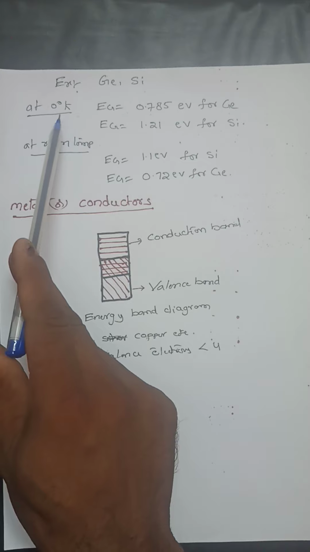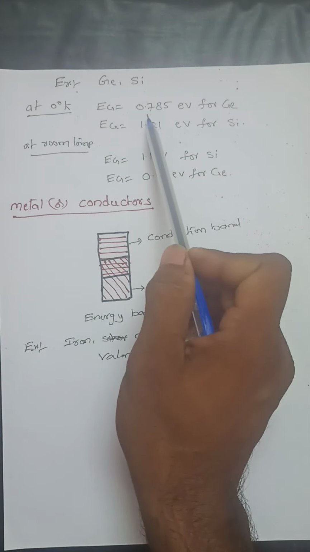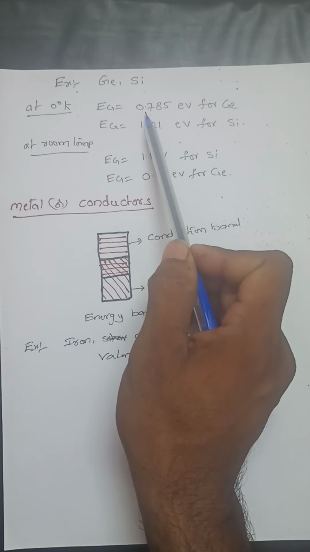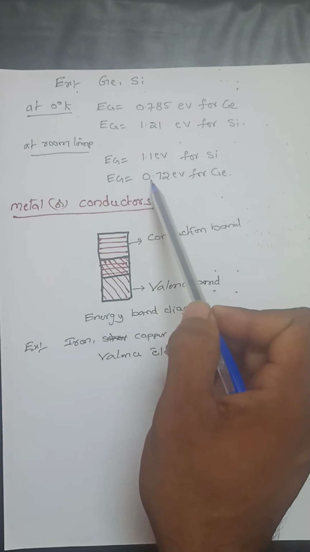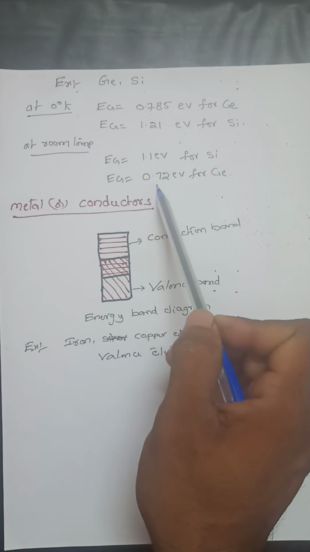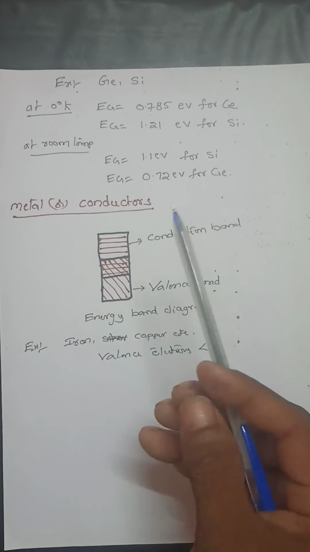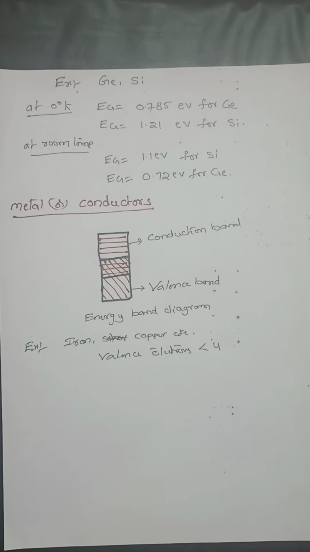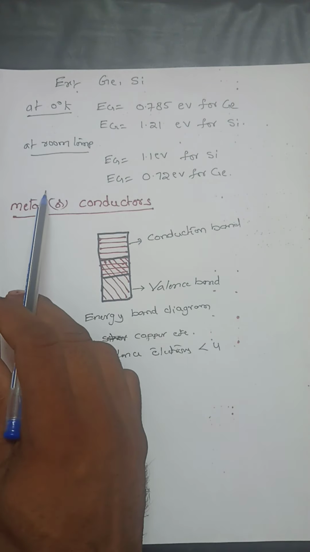At 0 degree Kelvin, the forbidden energy band gap for germanium is 0.785 electron volts. At room temperature, the Eg value for germanium is 0.72 electron volts, so the forbidden energy band gap decreases at room temperature. Why?